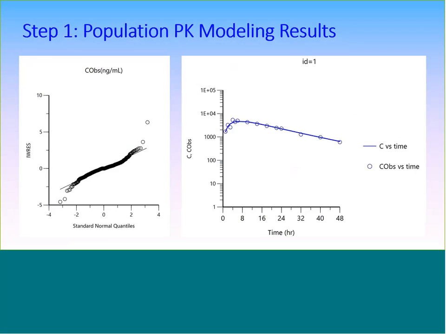The QQ plots of the individual weighted residuals show that almost all values fall roughly along a straight line of unity, y equals x, and no significant deviation from normality. The predicted concentration versus observed value plot here for subject 1 as a representative shows that the established model captures the data very well.